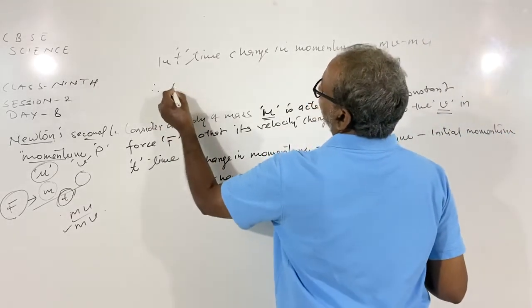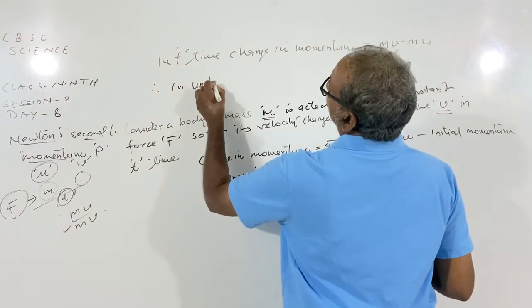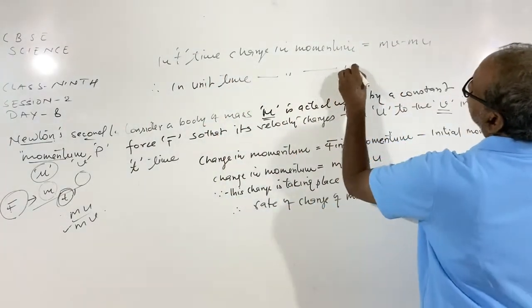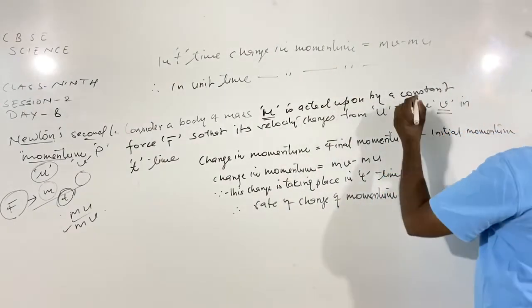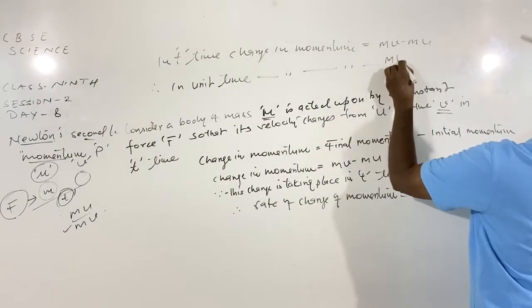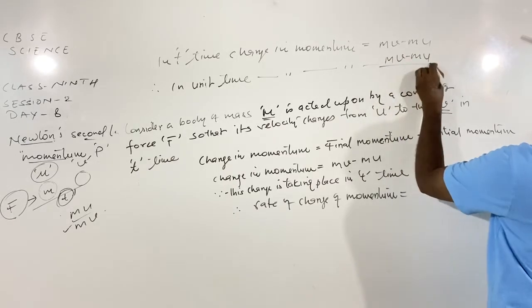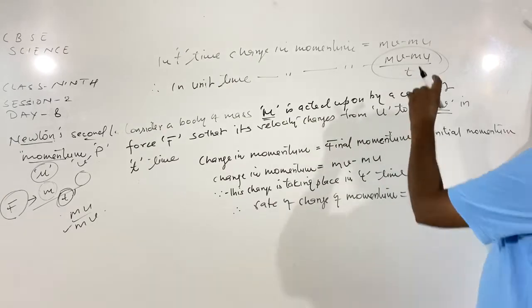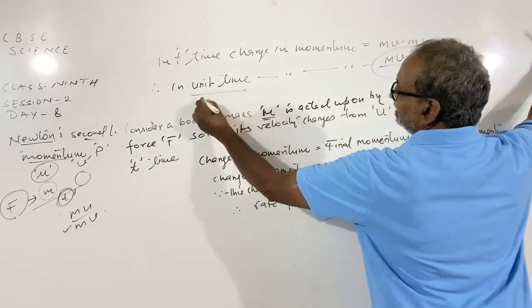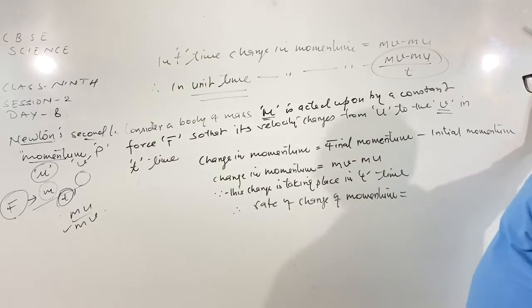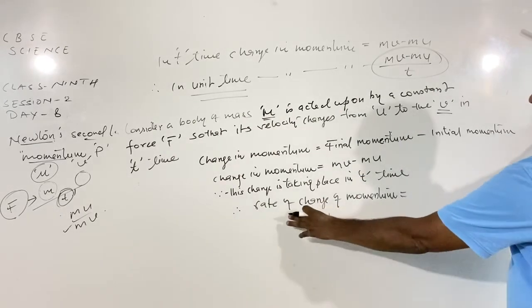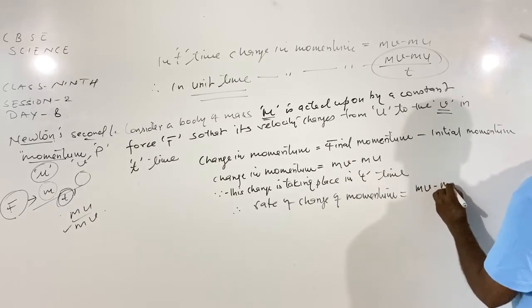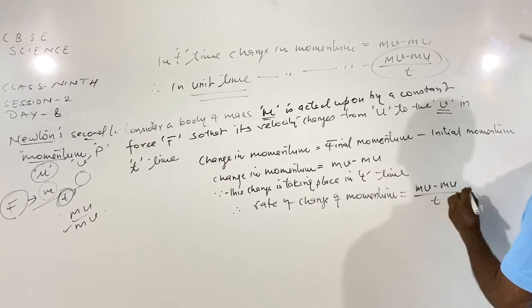Therefore, in unit time, the change in the momentum will be mv minus mu over t. So this is the rate of change of momentum. Change in the momentum in unit time is equal to rate of change of momentum. So the rate of change of momentum of the body is mv minus mu over t.